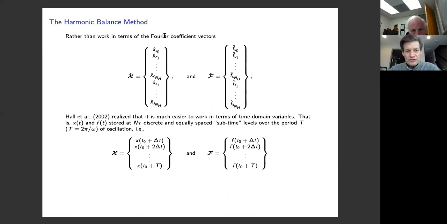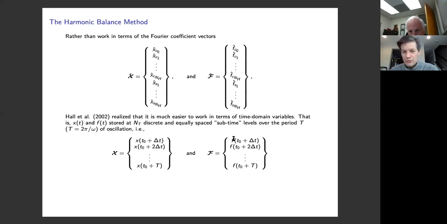So rather than work in terms of the Fourier coefficient variables, x hat and f hat, which I showed on the previous slide, we can instead work in terms of the solution and this nonlinear analytic term evaluated at subtime levels over a period of oscillation. And this is much easier to deal with, particularly for this f term, because all this requires us to do is just evaluate f with our solver.